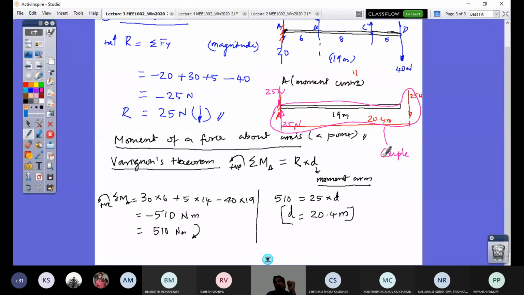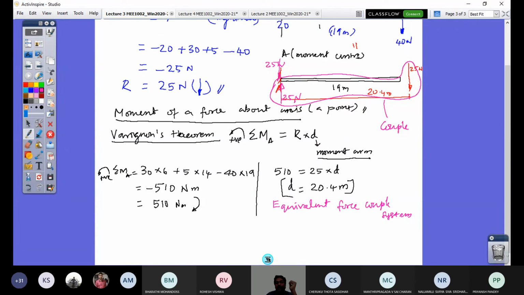The magnitude of this couple is called the couple moment. And now this is called an equivalent force couple system. So what do you mean by equivalent force couple system?